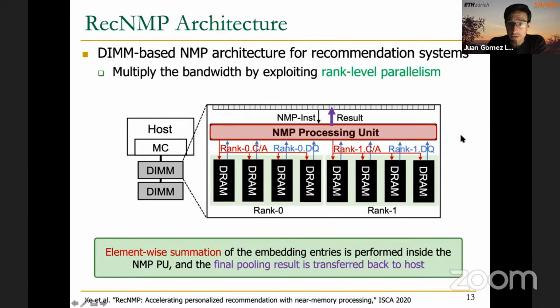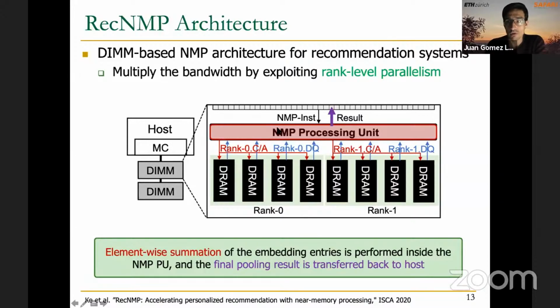So after performing the computation on the NMP processing unit, the final pooling result will be transferred back to the host using the conventional DDR interface. And the computation that essentially happens here in the NMP processing unit for these SLS operators is an element-wise summation.